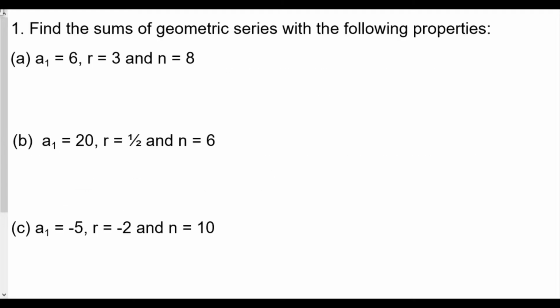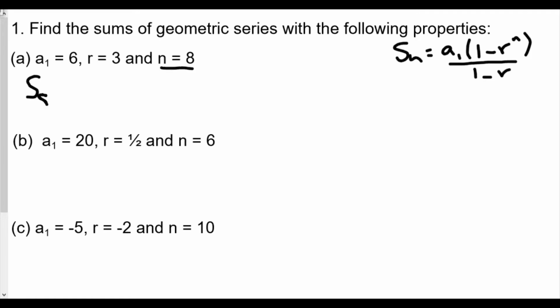All right, so our formula is S of n equals a1 times (1 minus r to the n), all over 1 minus r. We're looking for the sum of the first 8 terms. a1 is 6, multiplied by (1 minus 3 to the 8th power), divided by 1 minus 3.